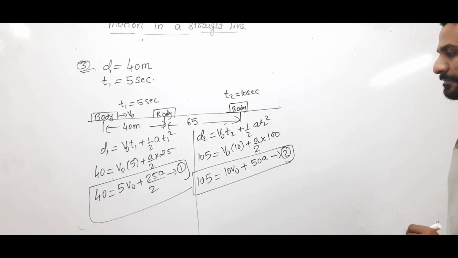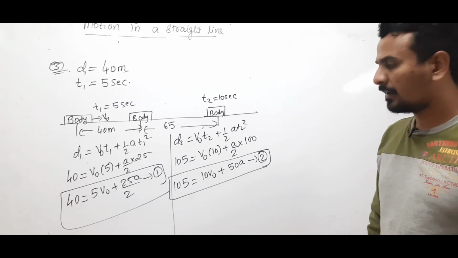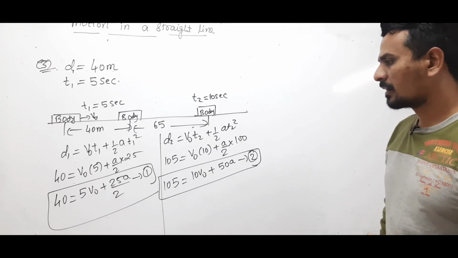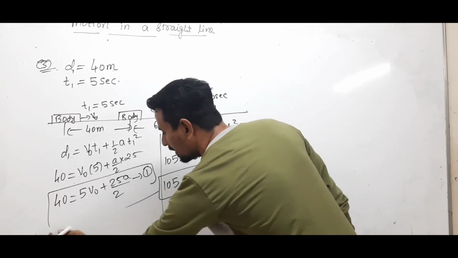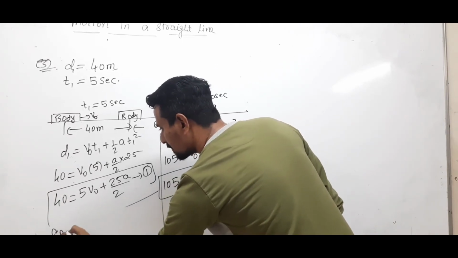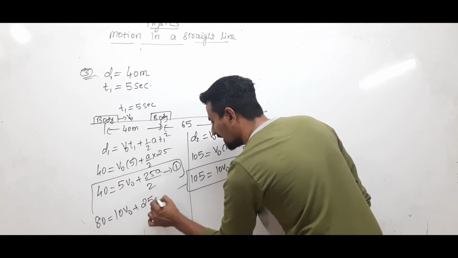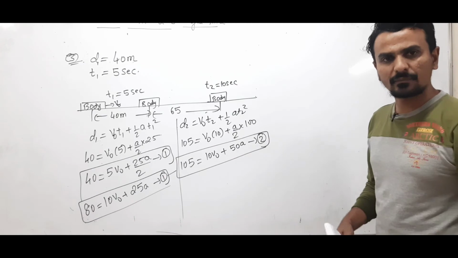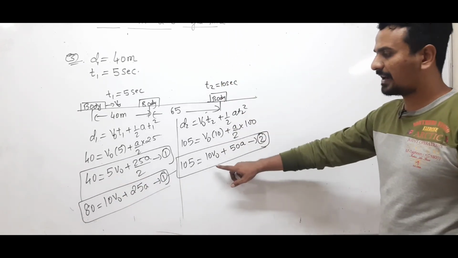So now we have been told to calculate v0. Fine. So we'll solve these equations. We'll multiply equation number 1 by 2. So it will be 80 equals 10 v0 plus 25a, right? I have multiplied equation 1 by 2 on both the sides. So this will be 10 v0, this will be 10 v0.